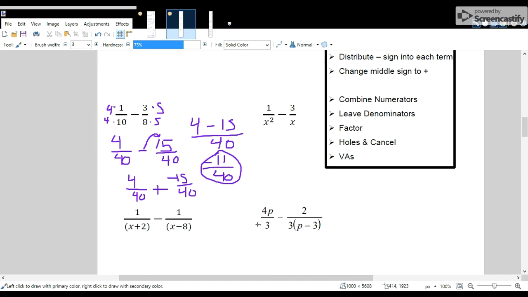So for these, we would need to multiply by p minus 3. And since this is 3 times p minus 3, we would only multiply these by 1, which would leave them the same.